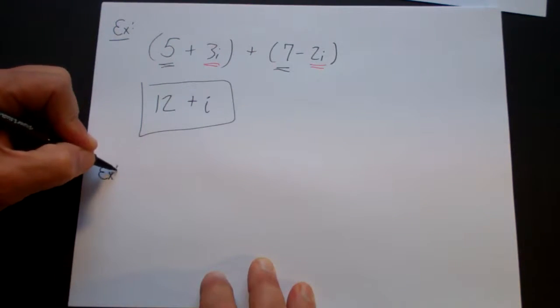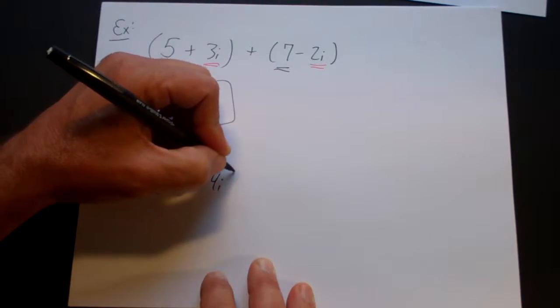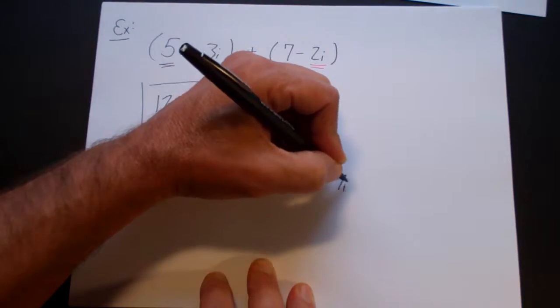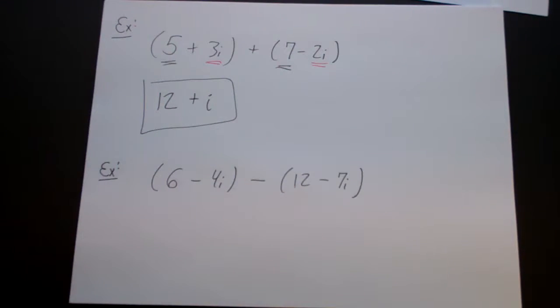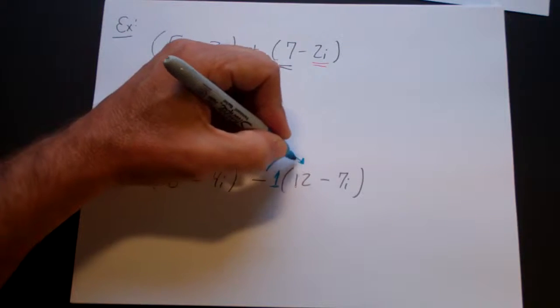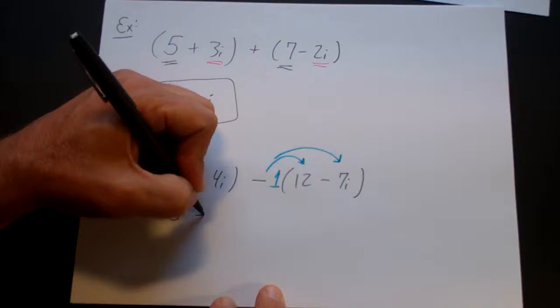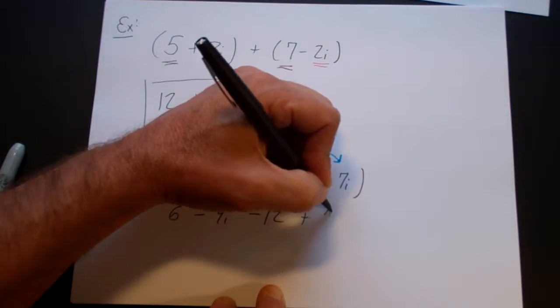Let's do an example with subtraction. (6 minus 4i) minus (12 minus 7i). Again, pretend that the i's are x's to start with. Well, the first thing we're going to do is, this is a negative, so that's like a negative 1. We're going to distribute the negative sign. And as we do so, we'll lose the parentheses, so that's 6 minus 4i minus 12 plus 7i, right?